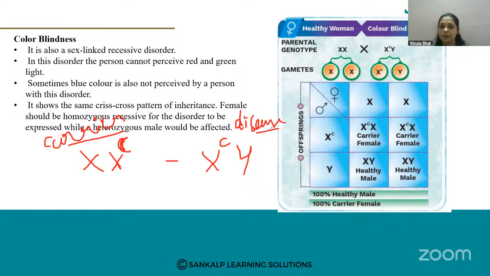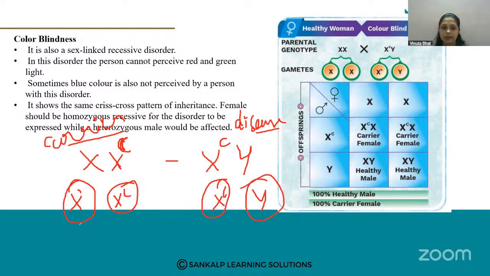Diseased male because only one X chromosome is present in the male. Here, so here X chromosome and XC chromosome gametes. Then here carried Y.